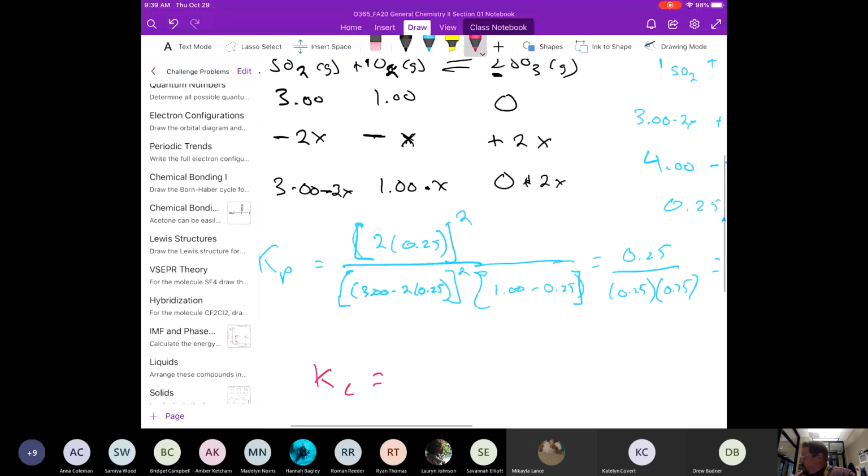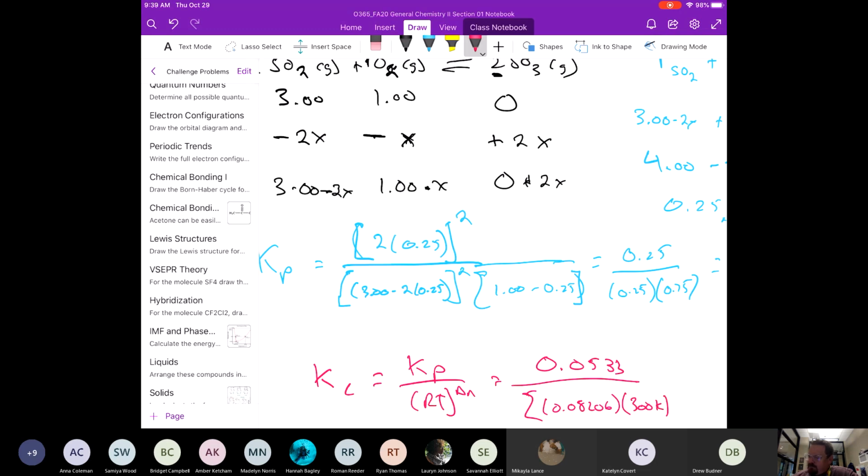So Kc is equal to Kp over RT to the delta N, which would be equal to 0.0533 divided by R, since this is a gas, 0.8206 times the temperature. We said it was 27 degrees, so 27 plus 273 is 300 K. Right? All that has to be raised to delta N.